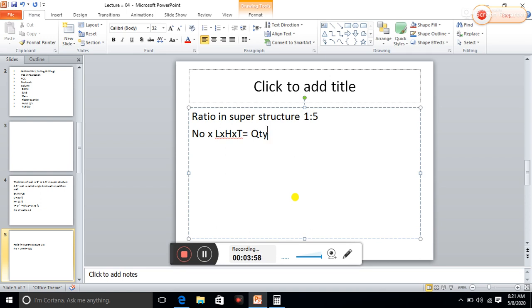So number of walls is 4, multiplied by length 50 feet, multiplied by height 11 feet, multiplied by thickness 0.75.